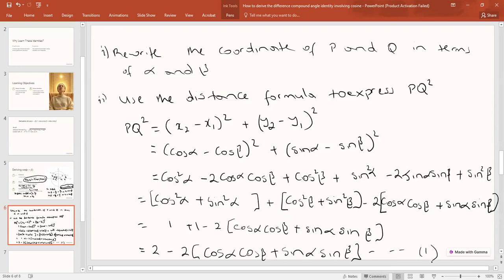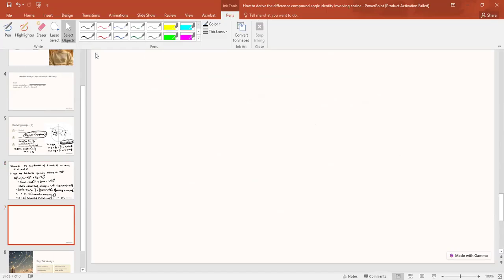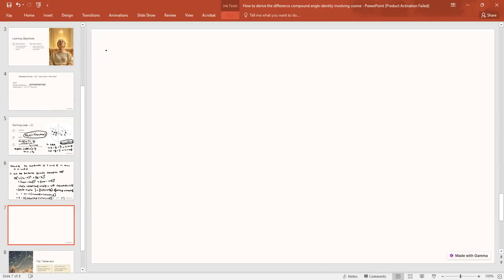The next step will now consist of writing our length PQ using the cosine rule. So let's consider the triangle POQ.